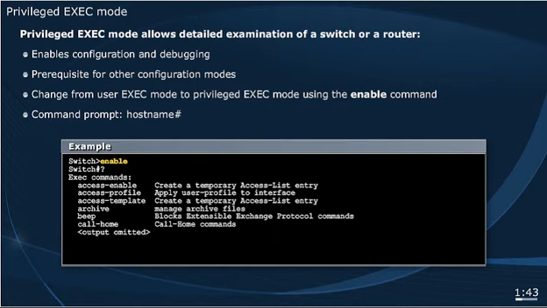But again, how do we know we're in privileged exec mode, Dan? Well, if the greater than symbol means everybody is greater than you, the pound symbol means you can pound the chassis to dust with your configuration. Now, people don't think that way, but you do have the full set of commands available to you in your arsenal.